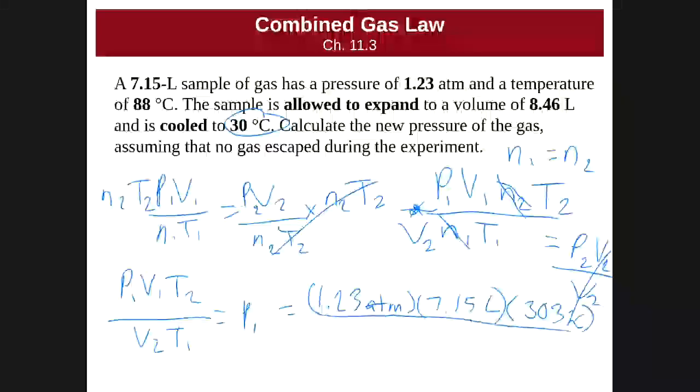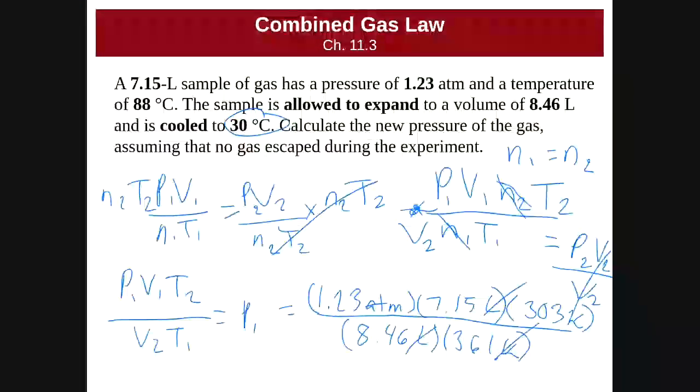All right, and down at the bottom, we're going to have our new volume, 8.46 liters, and our original temperature, 88 degrees Celsius, which is 361 Kelvin. You can check on your calculator, make sure I got that right. 88 plus 273 is 361 Kelvin. All right, so our liters are going to cancel out, Kelvin's going to cancel out, and we're going to end up with atmospheres, which is what we want. And our final pressure, the pressure of the new state of the system, is going to be 0.873 atmospheres.